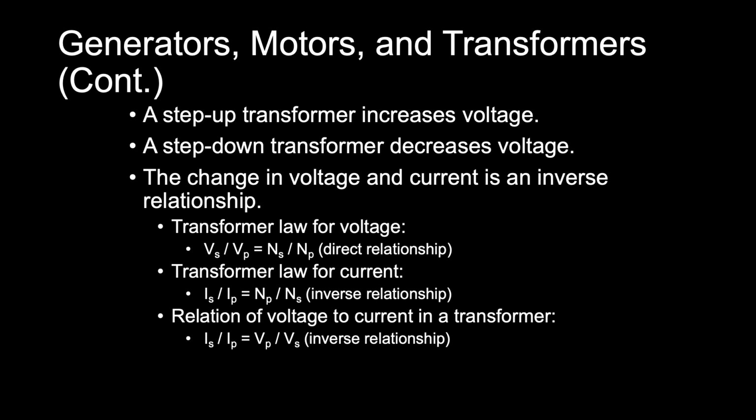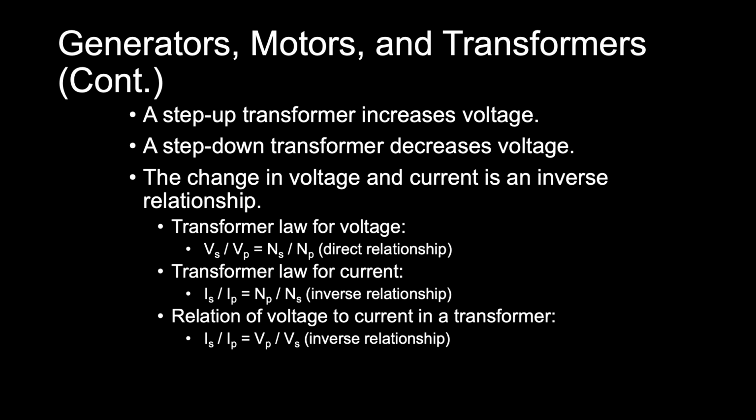The relationship is expressed using the transformer law for voltage and current, where V equals voltage, I equals current, N equals the number of turns in the coil, S equals the secondary coil, and P is the primary coil. The transformer law for voltage is Vs divided by Vp equals Ns divided by Np.